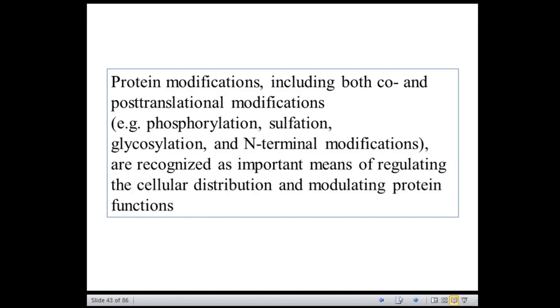These modifications are very important in the process of cell regulation and as well as distribution. So how to determine the protein modifications, be it co-translational modifications or the post-translational modifications? Can the MS or the MALDI-MS be used?